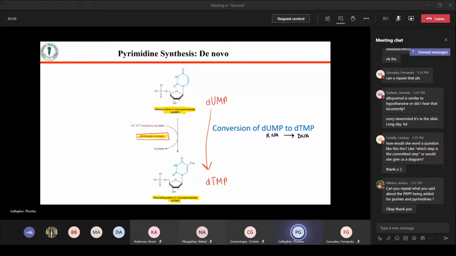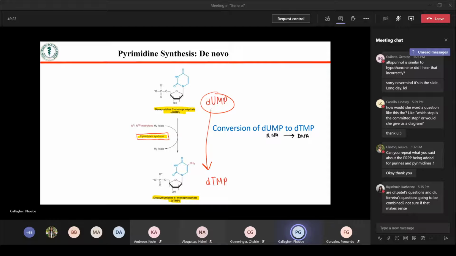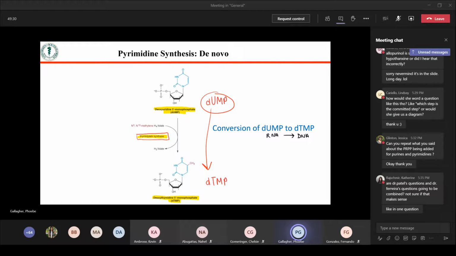So if you were to convert something from, say, RNA to DNA, you would first make it a deoxy. So this is why you have this really weird nucleotide that you would never find in either DNA or RNA, but it's just a middleman that exists until you can turn it into a thymidine.